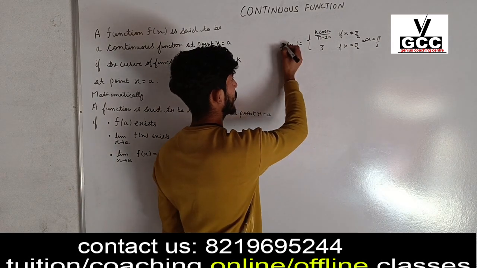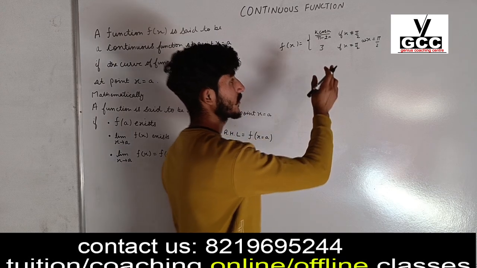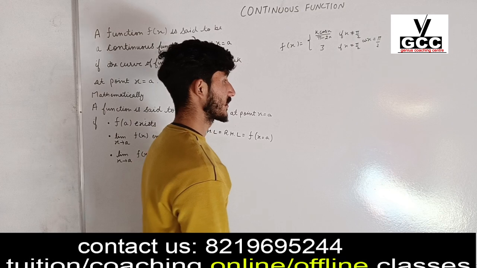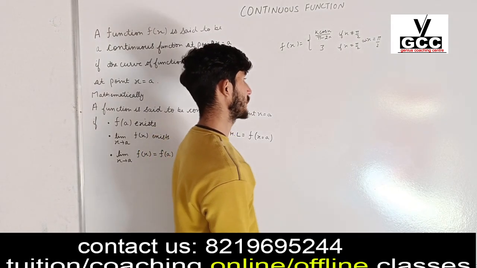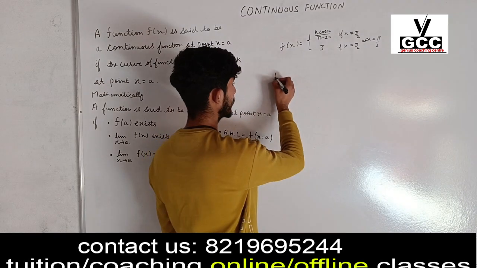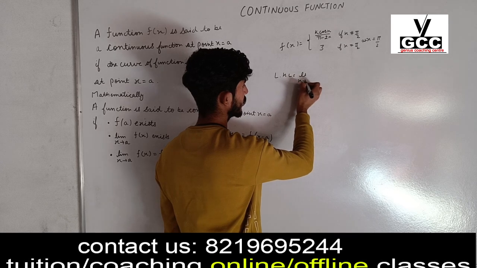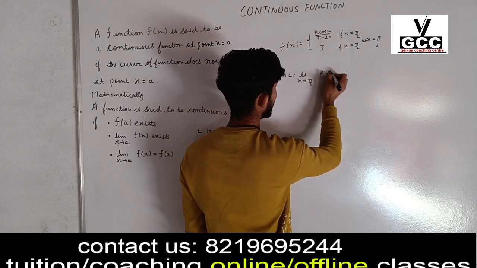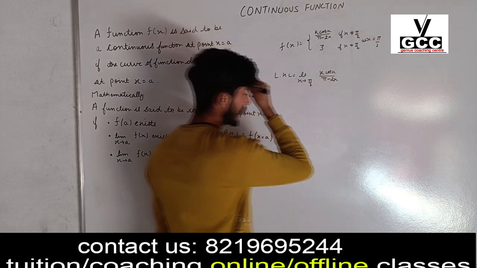Let us consider another example. f of x equal to k cos x upon pi minus 2x if x is not equal to pi by 2, and 3 if x equal to pi by 2, is continuous at x equal to pi by 2. We have to find out the value of k. So from the definition of continuous function, left hand limit is equal to limit x approaches to pi by 2, k cos x upon pi minus 2x.